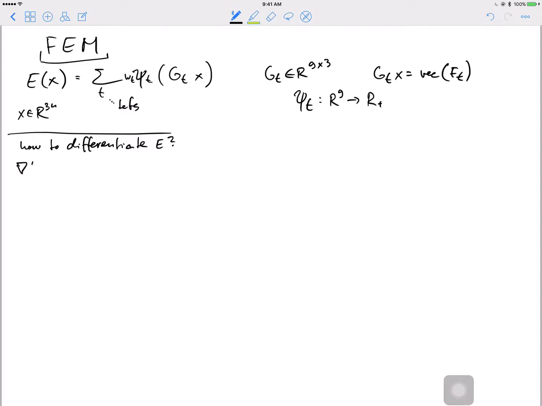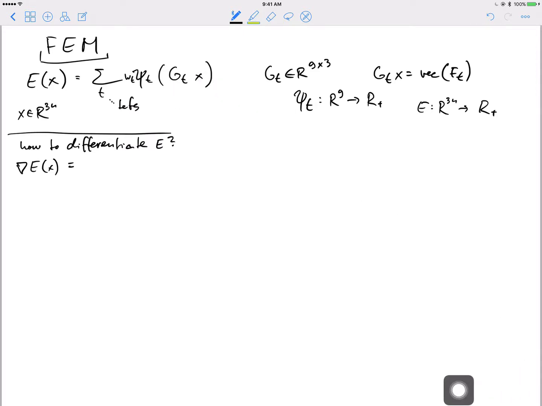If you want to compute the gradient of the potential, maybe you should actually write what is the type of that potential, right? It's a function that goes from R^3n to R plus, and that's essentially the total stored deformation energy in all of the elements as per the current deformation represented by x. Okay, we assume that the rest pose is not changing. We assume that that's built into the G_T operator, the rest pose.